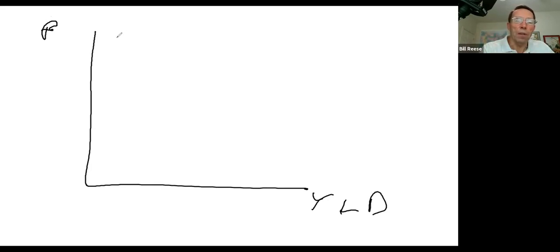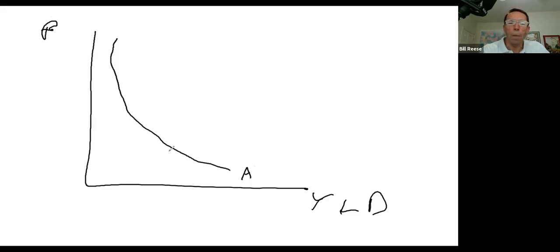So here is a particular bond. We'll call it bond A right there. That is how its price will change as interest rates change. Interest rates go up and the price of the bond comes down according to that curve. Now, let's just say that right here is the current price of bond A, and right here is the current yield on bond A.